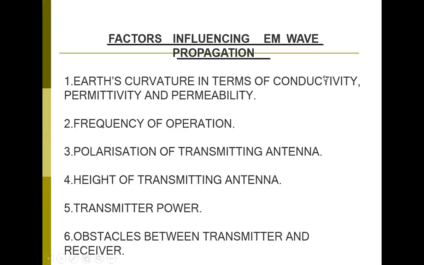Whatever signal you are sending in free space, it has electric and magnetic fields. If there is an electric field, it means conductivity is there, permittivity is there, and the magnetic field is related to the permeability.